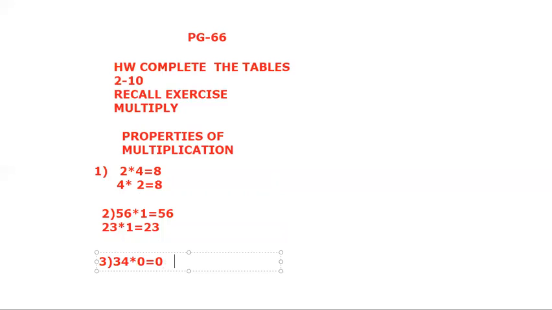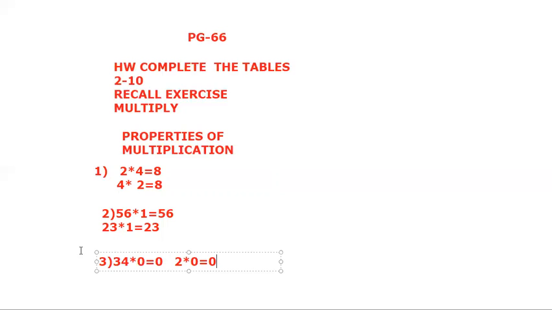Any number when multiplied by 0 is equal to 0. This is even another property of multiplication. Keep all these things in your mind.